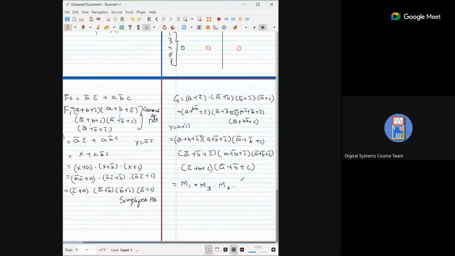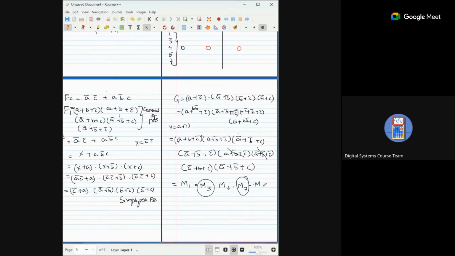Then this is 0, 0, 0, which is M7. Then this one, can you please tell me whether this is a min term or max term? M3, which is already there. So it is redundant. And what about this one? Same, M7. M7 is already there, so it is again redundant. Then this one is 4, M4.